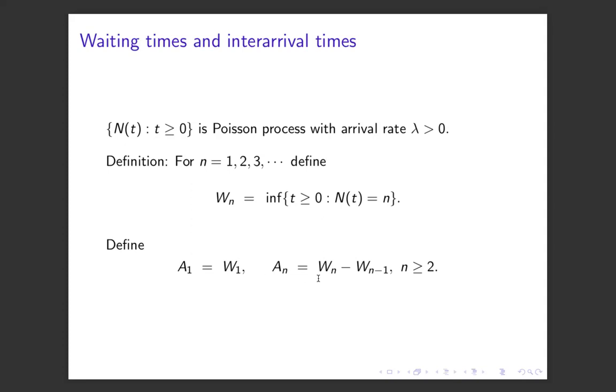A sub n is the time lag between the n minus 1th arrival and the nth arrival. So this is the time one has to wait after the n minus 1th arrival up to the nth arrival.